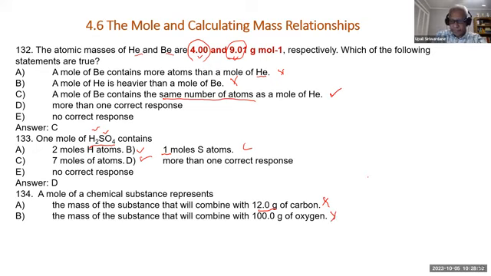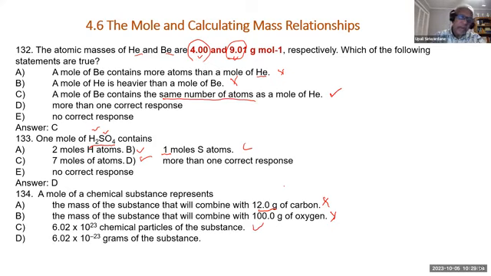That's not true. 6.02 times 10 to the 23 particles of a substance. That's correct. That's the Avogadro number, rounded off to the second decimal place. Now 6.02 times 10 to the negative 23. That's not right. Avogadro number is a large number. It's 6.02 times 10 to the 23. Therefore, the correct answer to this question is C.